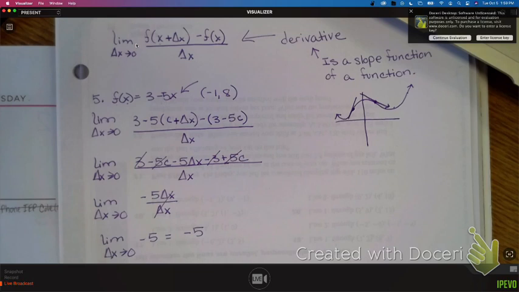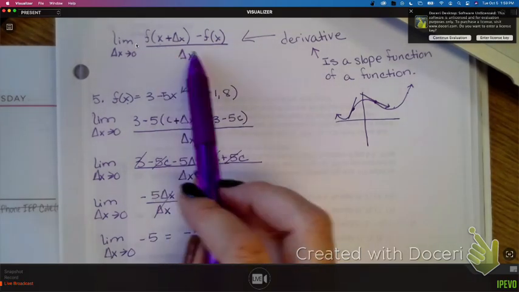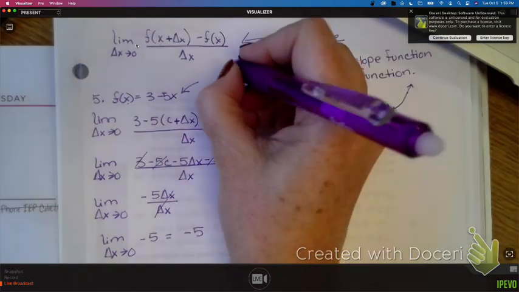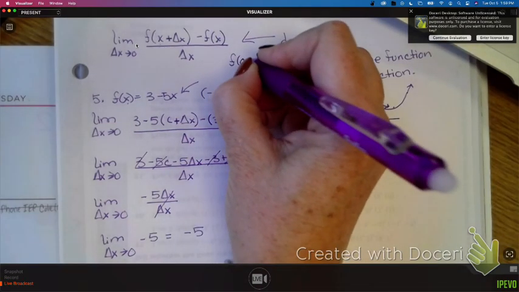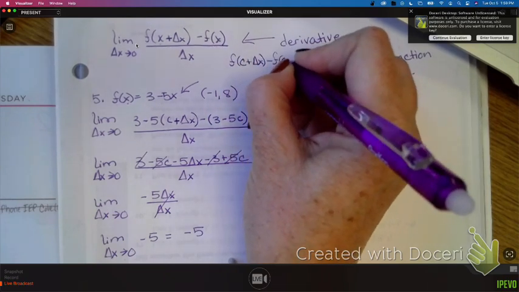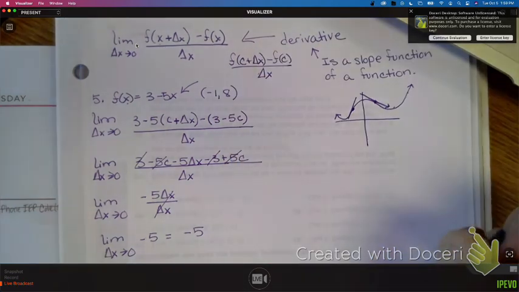So we either pick one or the other and change both of them to that? No, I wrote these with x's. What you had yesterday was f of c plus the change of x minus f of c over the change of x.